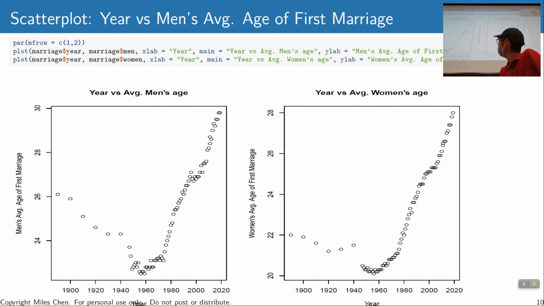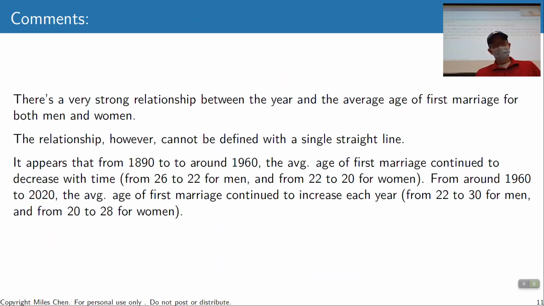And so we see kind of this relationship here. And so we would say there's a very strong relationship, but we can't really define it with a single straight line.